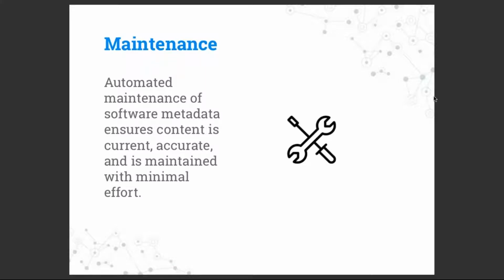So maintaining this resource into the future, I've had some recent discussions with OntoSoft and learning more about how we could do this. And we've discovered that automated maintenance of software metadata can be done through the API, and it will ensure content is current and accurate and is maintained with minimal effort. So this has not yet been implemented, but we do plan on doing this.